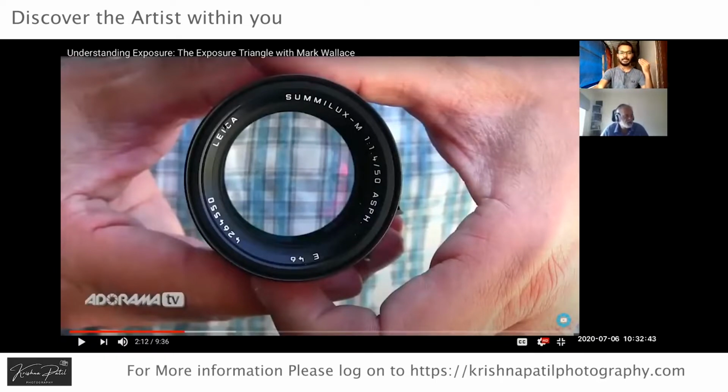The lens he is using is a Leica, which is the company mentioned on the lens, and the minimum aperture number of that lens is 1.4. So here I can go up to 1.4, below that I can't go, though one option below that is 1.2, and it's a 50 mm lens.